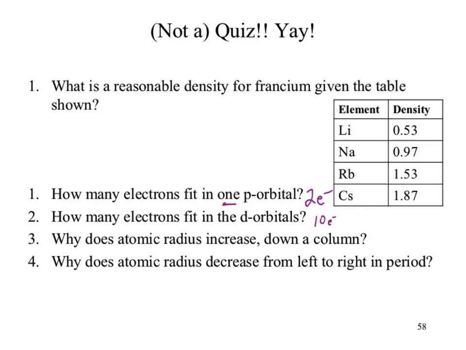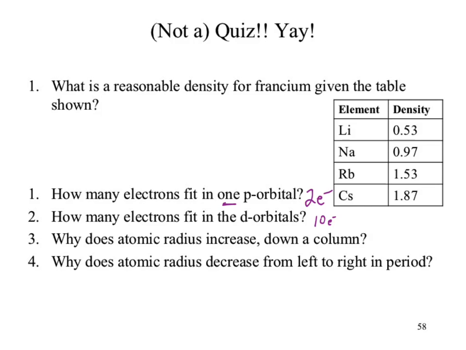Why does the atomic radius increase down a column? The outermost electrons are located in a higher energy orbital. By being higher energy, it is by definition further from the nucleus. Right? When we look left to right, this is the one that becomes weird. Down a column is usually pretty straightforward. Left to right becomes a strange one to deal with. Okay?